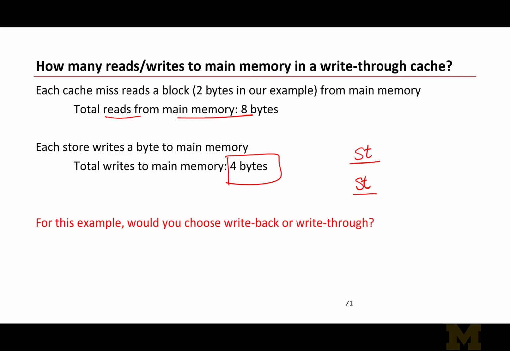So when I write to the same address over and over again, they would all go to the cache, and then only when I evict that block later on, I need to write once. So as a result, I avoid writing 1, 2, 3, 4 times, and instead just write once in this example. But for the example that we just went through, I would have to choose write through, just because it would have had fewer writes.